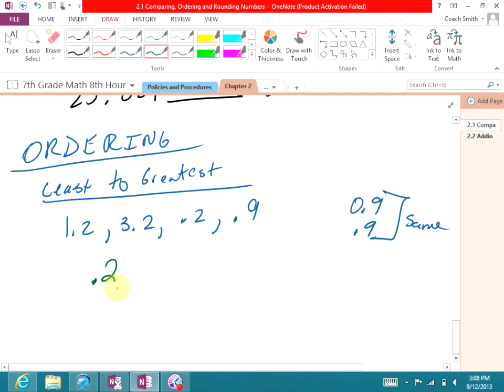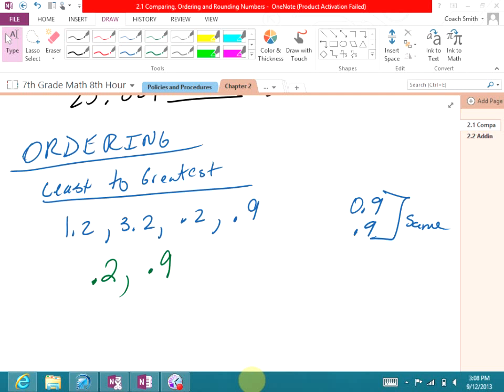Okay, so what's the next smallest? Anthony? No, good guess, but no. Haley? 0.9. Remember, 20 cents and 90 cents. It'd be like $1.20.